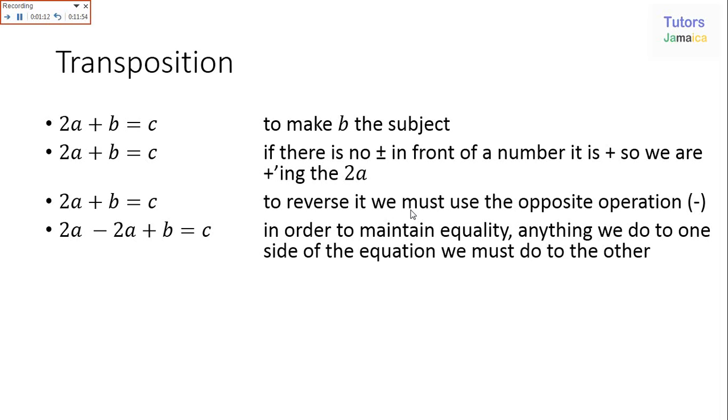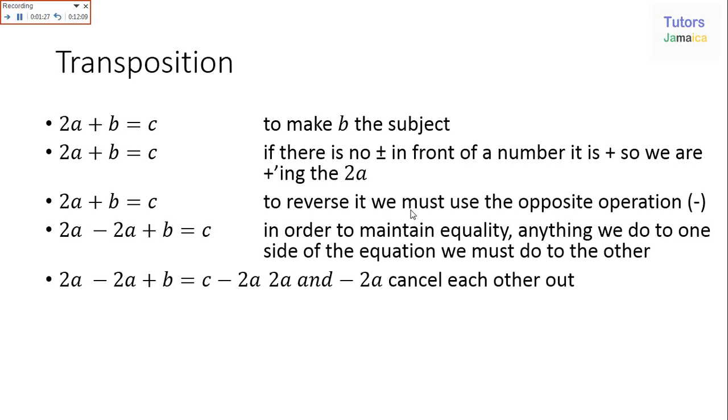However, in order to maintain equality, anything we do to one side of the equation, we must do to the other side of the equation, right? Because as it is now, this equation is not true. So to make this equation true, we need to add a minus 2a to the other side of the equation. So now we have 2a and minus 2a.